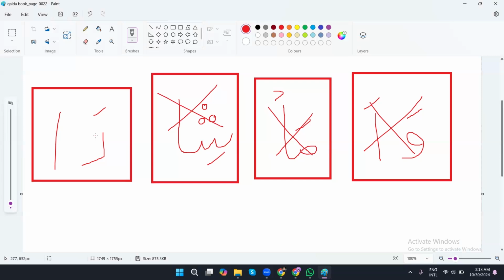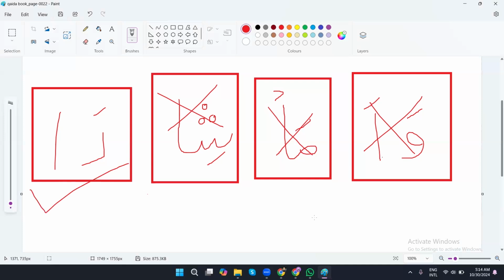Ra. But don't read separately. We just stretch the ra sound for 2 seconds, like raa. That's it. Do you understand? Yes. So read this letter again. Ra.